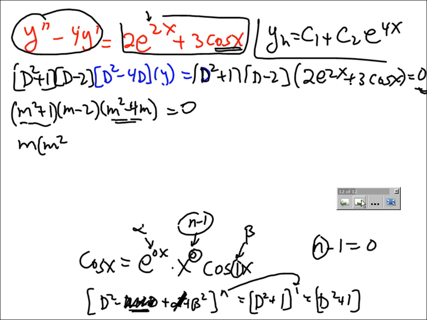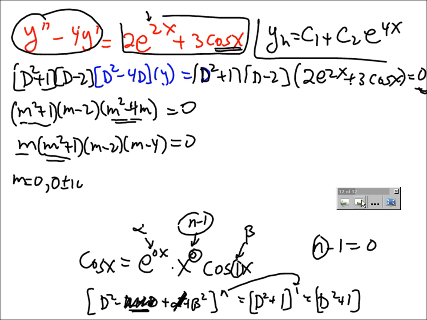So then I have m times m squared plus 1, m minus 2 times m minus 4 equals 0. So either m is 0 or m squared plus 1 is 0, which is when m is 0 plus or minus 1i, or when this is 0, which is 2, or this is 0, which is 4.